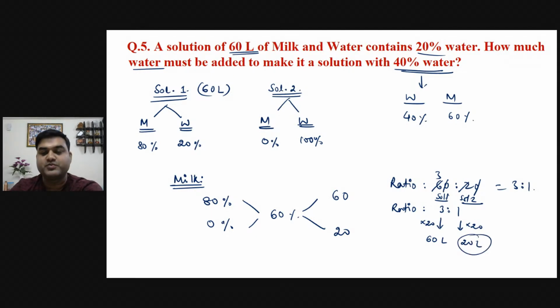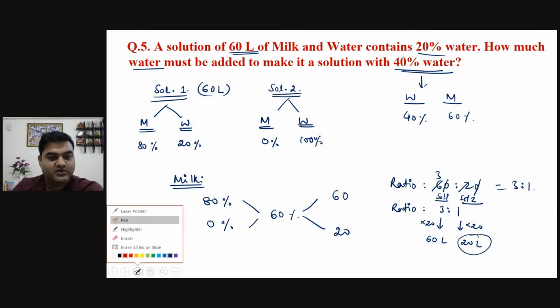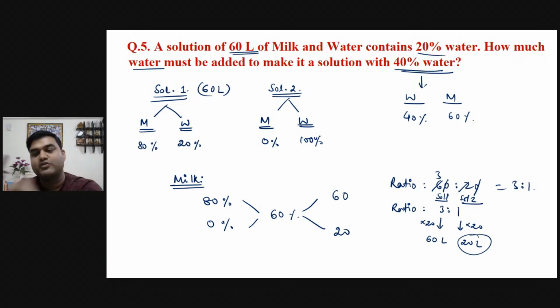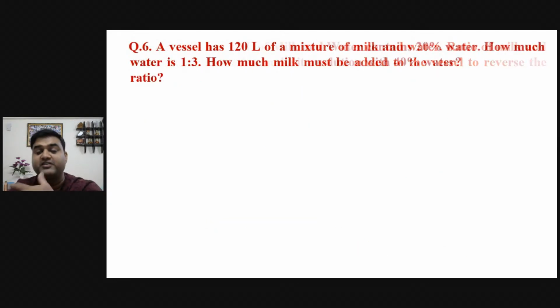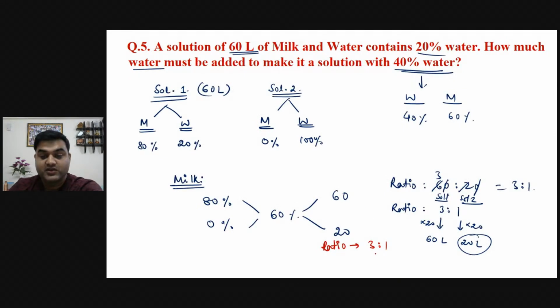How much water should be added? 20 liters. Otherwise, you can do it the way we did last time, using the unitary method and then cross multiplying. I'm just giving you different ways of solving the question. The ratio was 3 is to 1, which we have already got here. What they have given is 60 liters, and you do not know this.